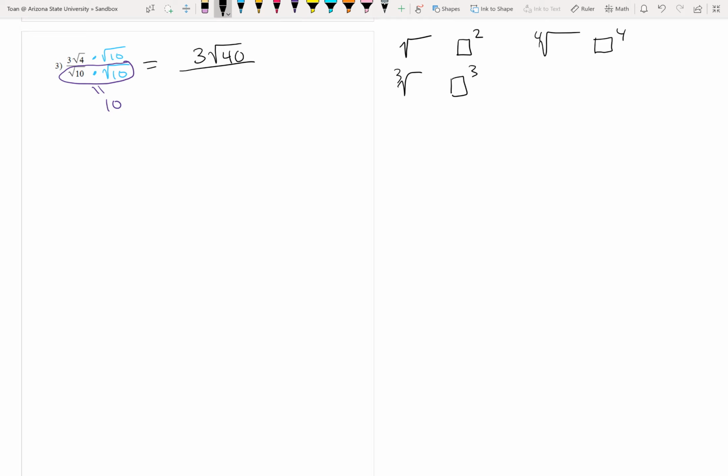Now the instruction did say simplify, so we have to simplify that rad 40, and I hope everyone knows that 40 is the same thing as 4 times 10, and that the square root of 4 is just 2. So this 2 root 10 is just that radical 40 there, and I still have that 3 on the outside, so when I write down my next line, I need to keep that 3 there.